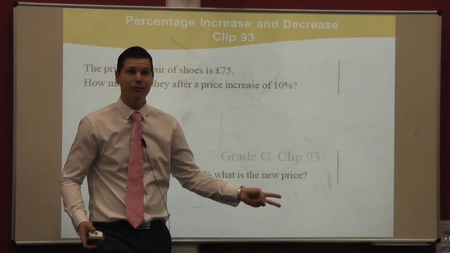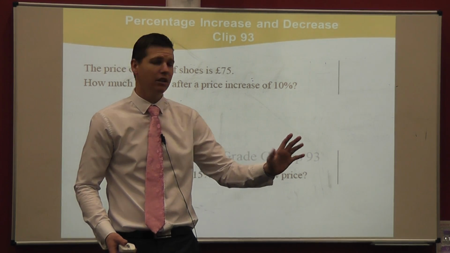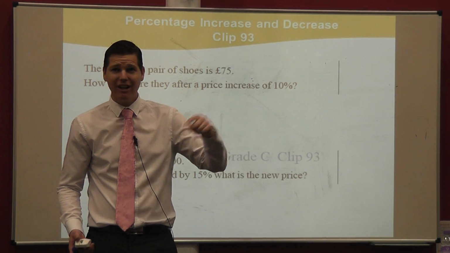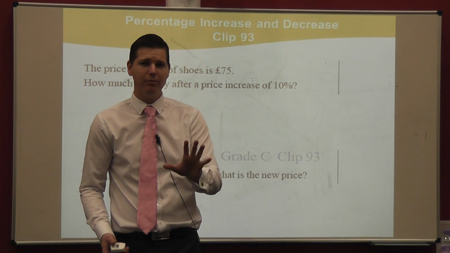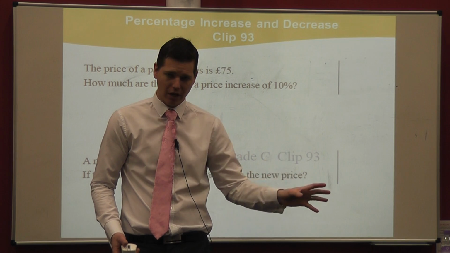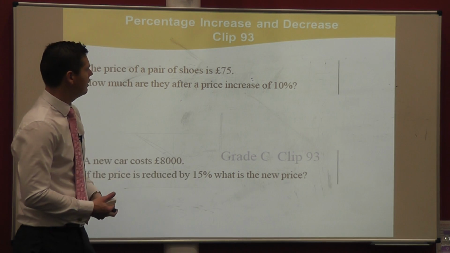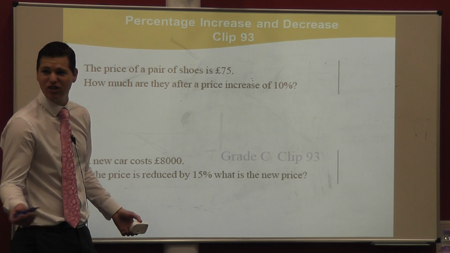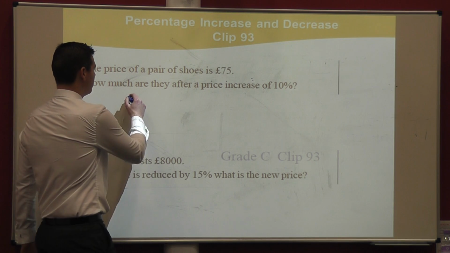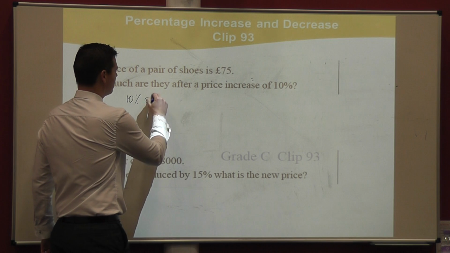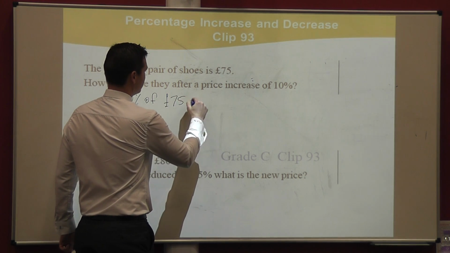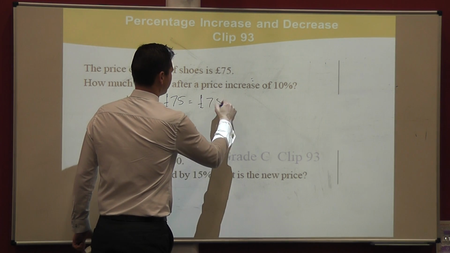If I wanted to find 2.5%, what would I do with the 5%? Halve it. If I wanted to find 7.5%, I take my 5% and my 2.5% and add them together. In this case it's easy, it's just 10%. So 10% of £75 equals £7.50.